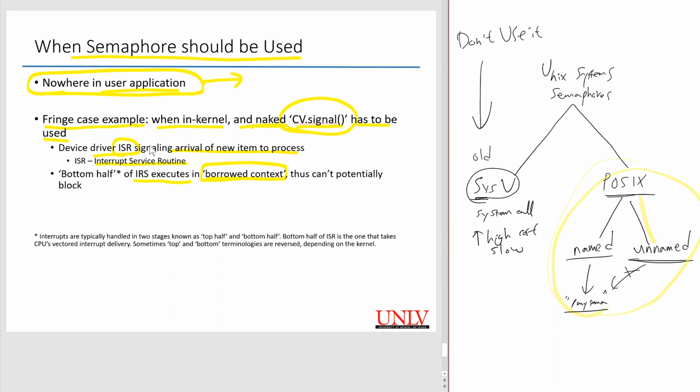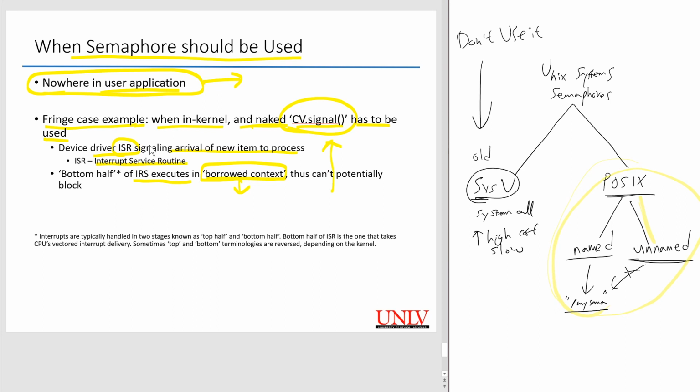Technically, it's called interrupt service routines are executing in the borrowed context, because the interrupt service routine executing right now is actually borrowing the context of the victim thread or process. So if that's the case, then it is not only unfair but dangerous to block.